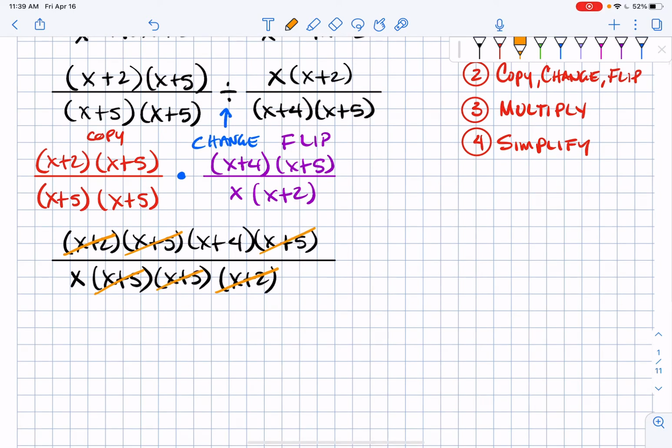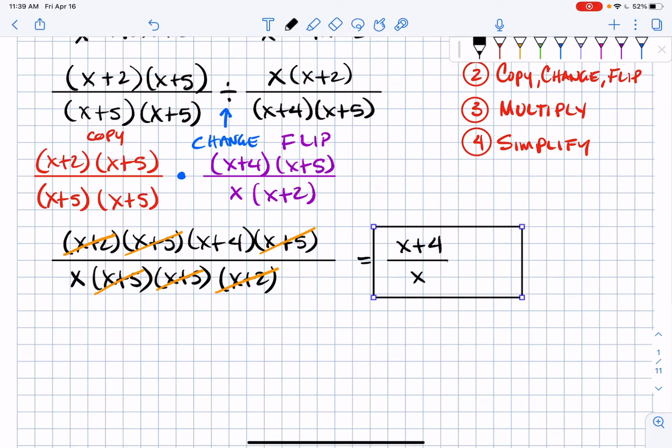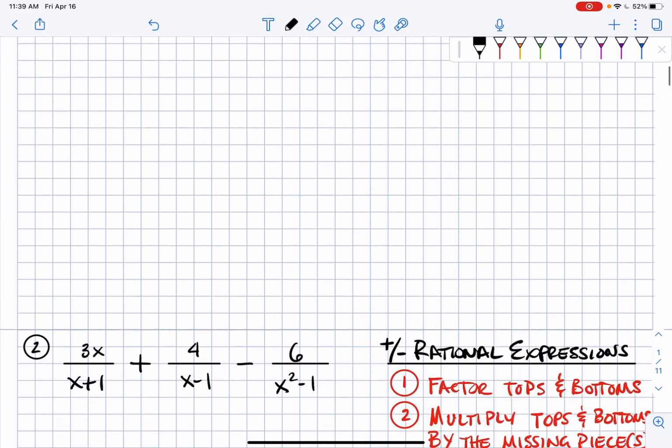Yes, because x plus 5 over x plus 5 is also equal to 1. Is there an x plus 4? No. Is there another x plus 5? Yes, also equal to 1. So what do we have left? We have x plus 4 over x, and that would be my answer. And that is choice D. There we go.